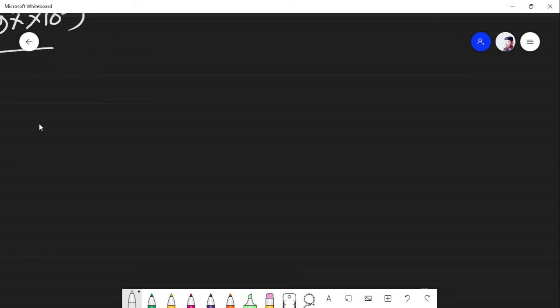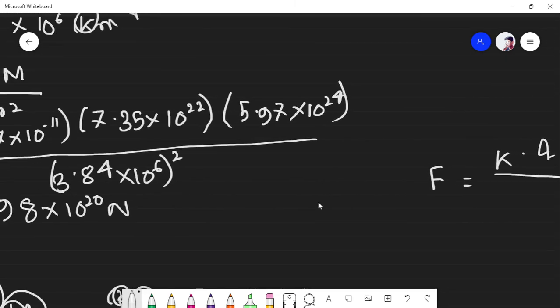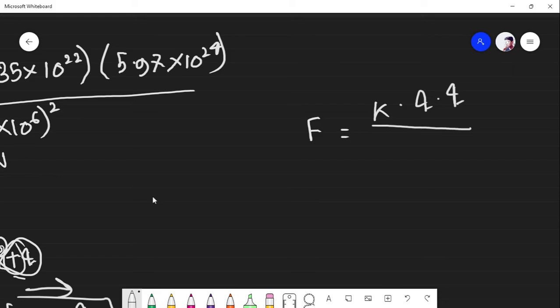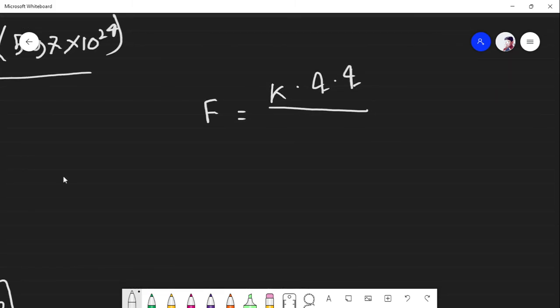So here the electric force will be equal to K times Q times Q, since both charges are the same, divided by R squared, and the radius is the same between them, 3.84 into 10 to the power 8 whole squared.